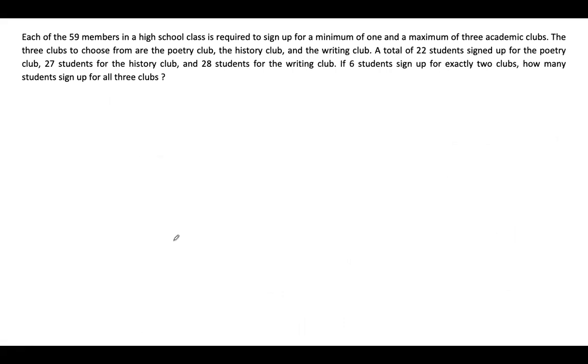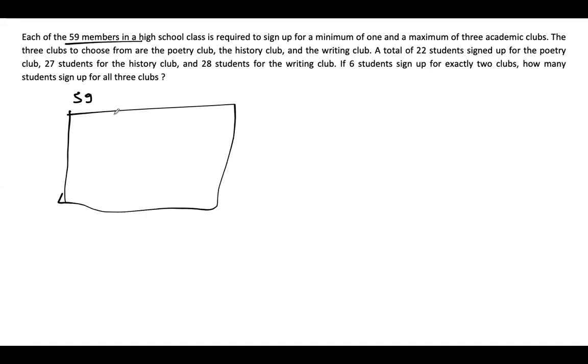Go for this question. Each of the 59 members in a high school class is required to sign up for a minimum of 1 and a maximum of 3 academic clubs. What can we infer? If there are three academic clubs and a student has to enter at least one, the value of the none region is zero.